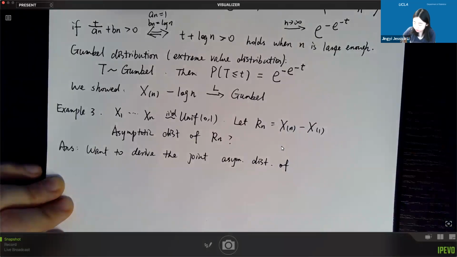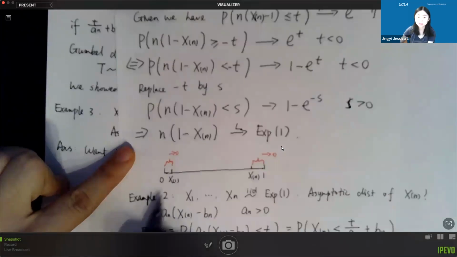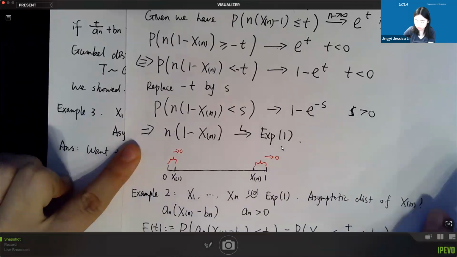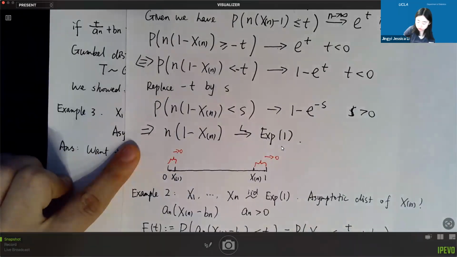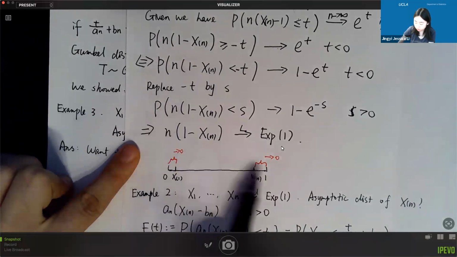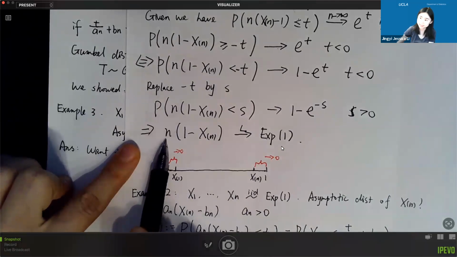The symmetry between x1, okay, coming back here, between x1 minus 0 and 1 minus xn. So we're going to utilize that. And also from here, we know if we multiply 1 minus xn by n, the asymptotic distribution is nice.